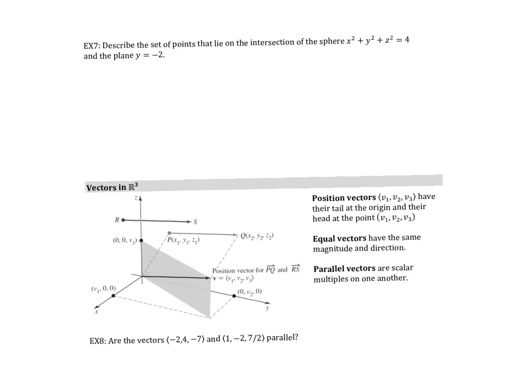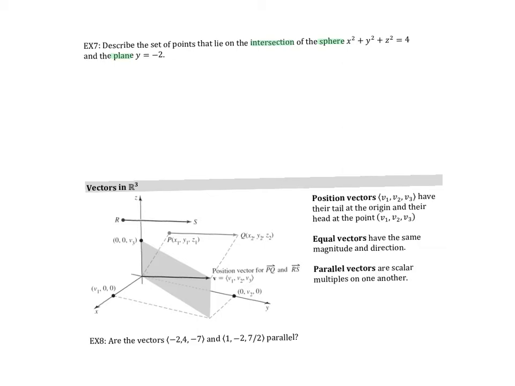And let's do one last example with our spheres and the balls. But this time what we're going to do instead is look at the intersection of a sphere and a plane. So think about a sphere and a plane.